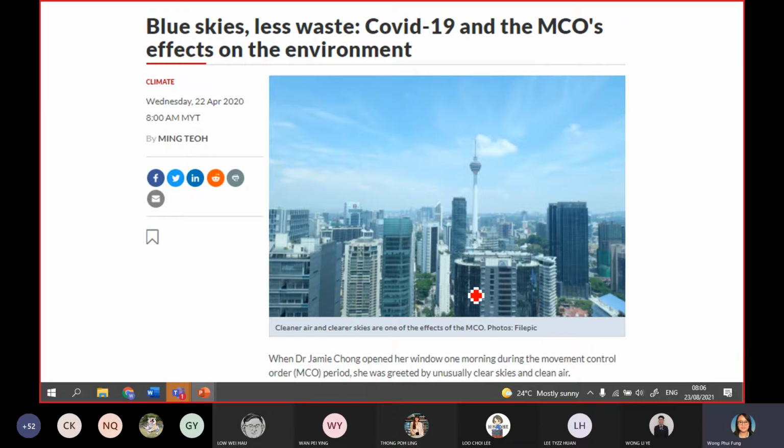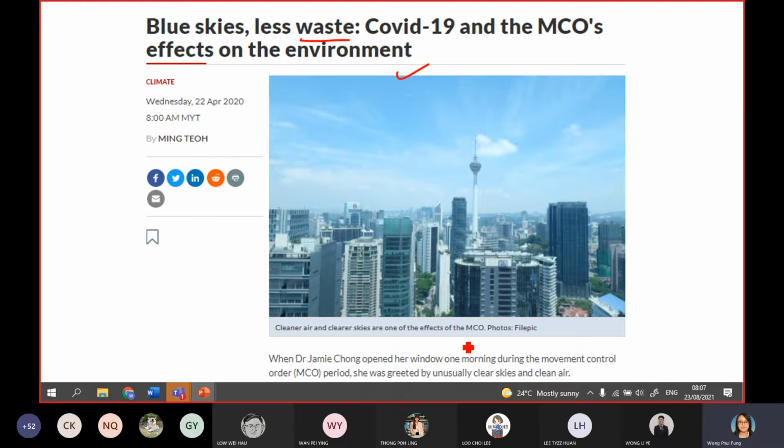Okay, so this news, as you can see, is about blue sky, less waste, and the COVID-19 and MCO effect on the environment. If you recall, last year in March, we experienced about one month of staying at home. The first MCO basically meant nobody could go out and no business could open, so it was more stringent. During that time, you could notice fewer cars outside and the whole country became very quiet.